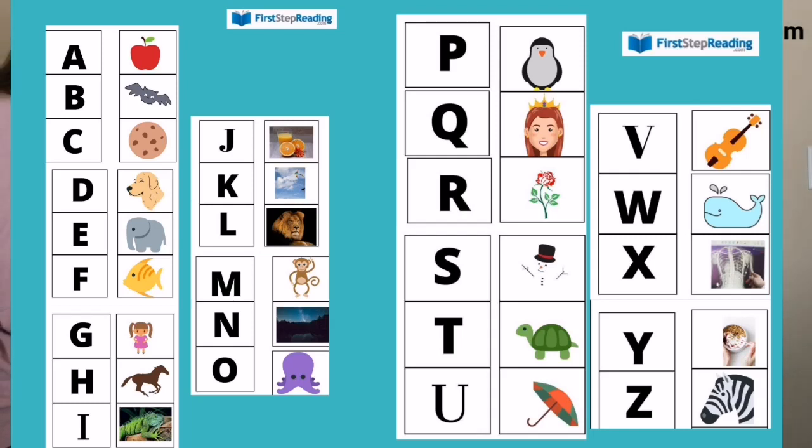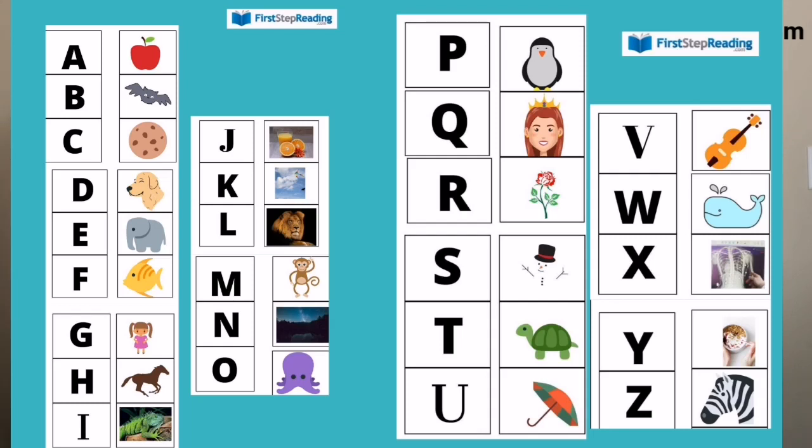Like girl, horse, or iguana. The J says j. The K says k. The L says ooh, like juice, kite, and lion. The M says mm. The N says mm.